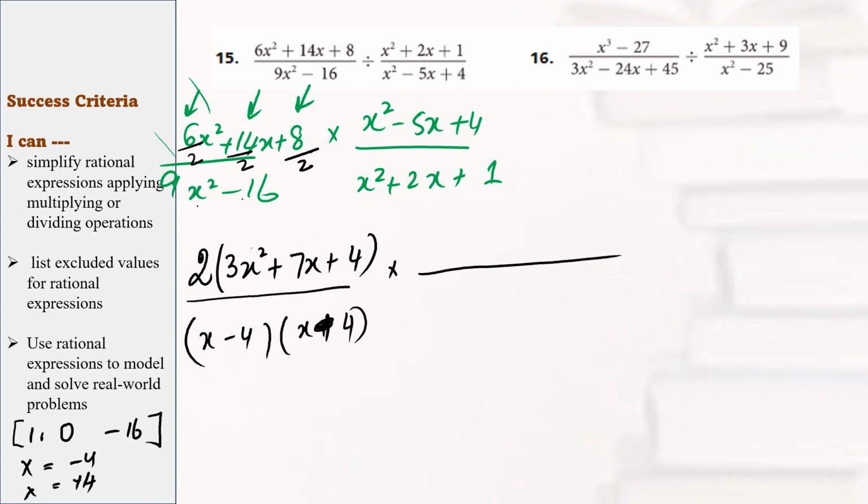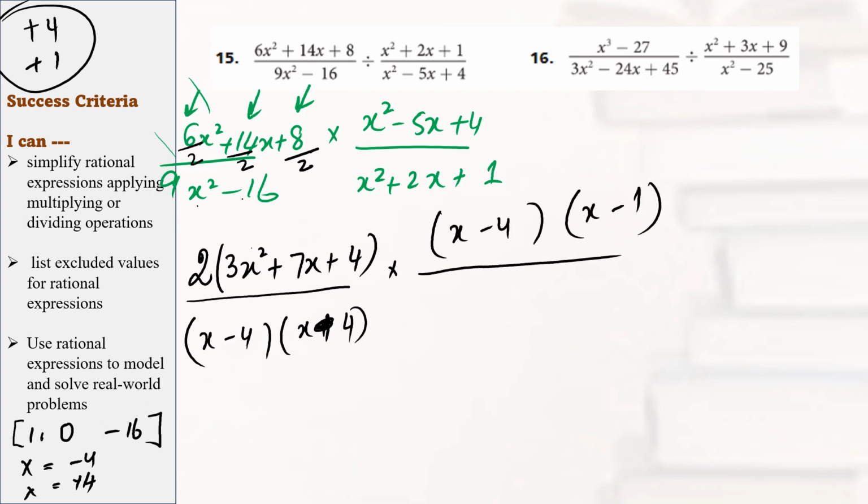Now do the next one. Write it in the calculator 1, -5 and 4. And you will get the two answers, that is +4 and +1. So when we factor, we change the sign. So x minus 4 and x minus 1.